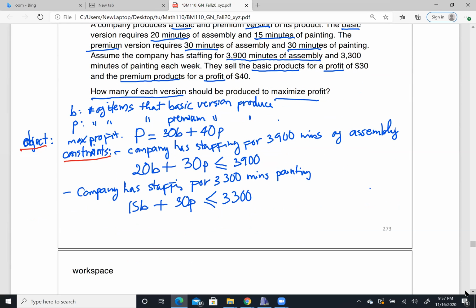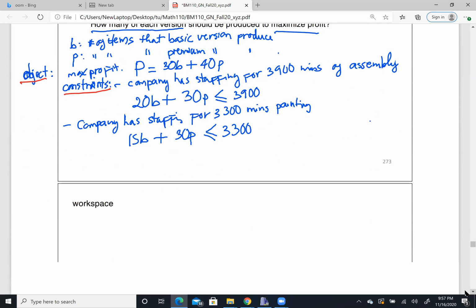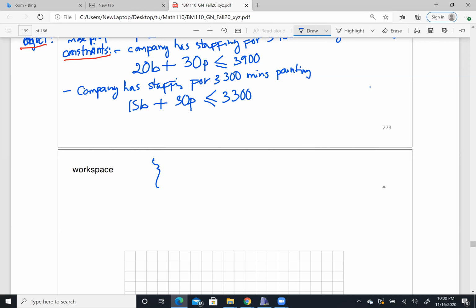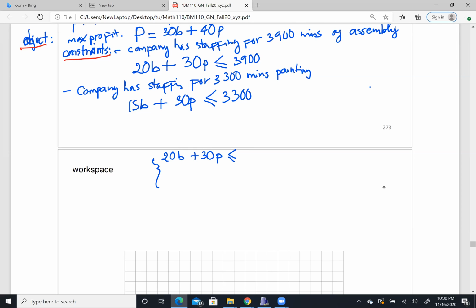Similarly with graphing a linear inequality system, the system should be 20B plus 30P less than or equal to 3,900.